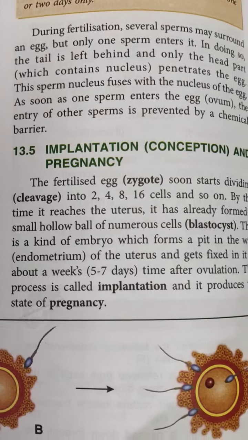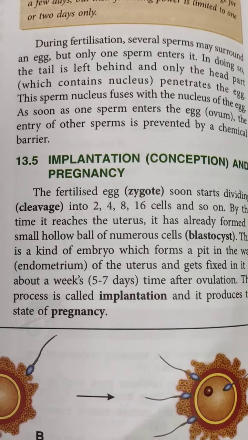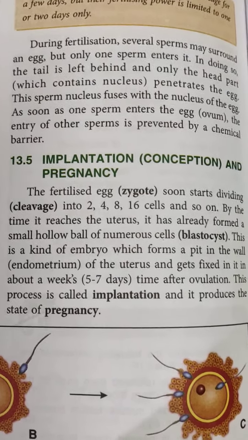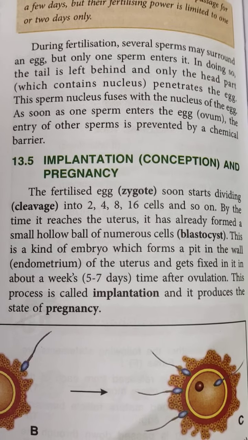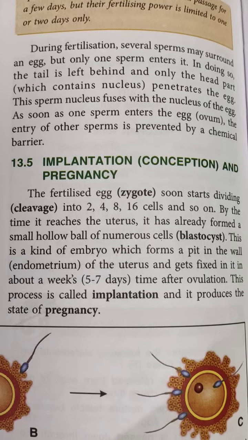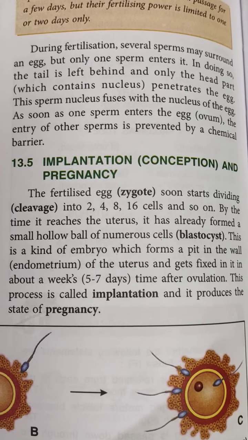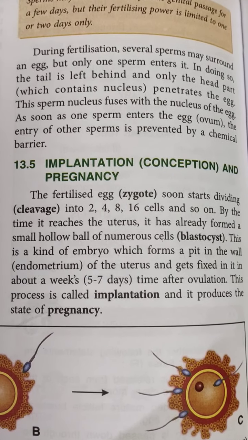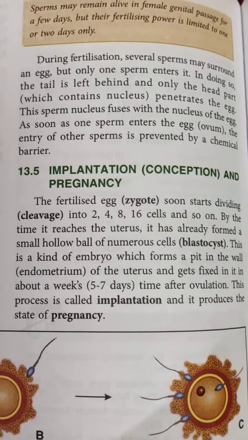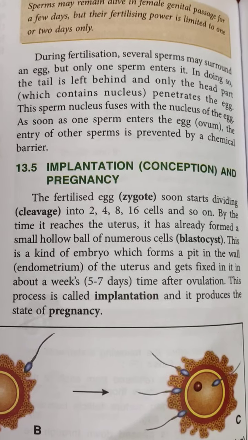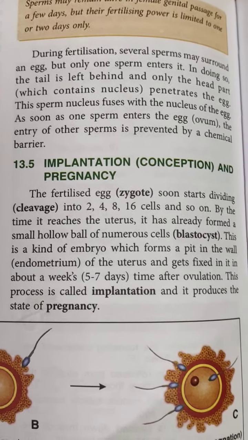Now, what is implantation? After the fertilization, when the zygote is formed, the zygote soon starts dividing by cleavage into 2, 4, 8, 16 cells and so on. By the time it reaches the uterus, it has already formed a small hollow ball of numerous cells that is known as blastocyst. Very important.